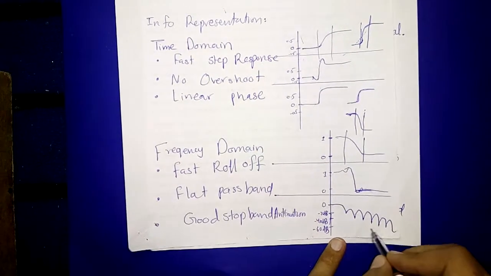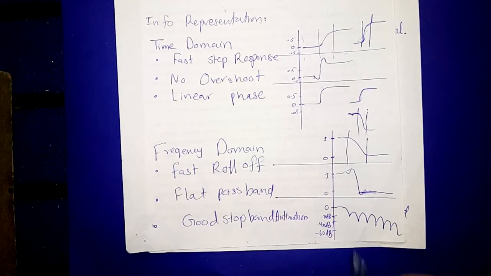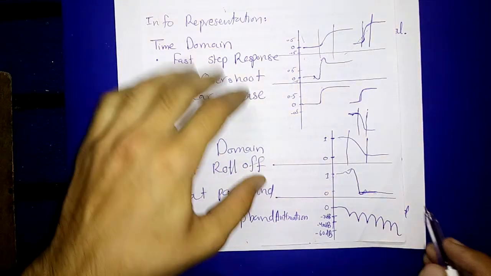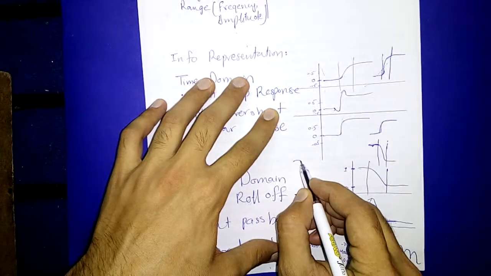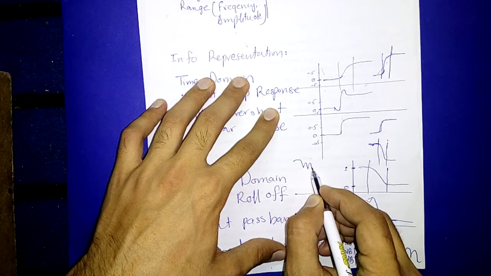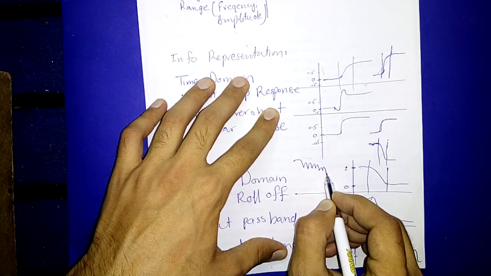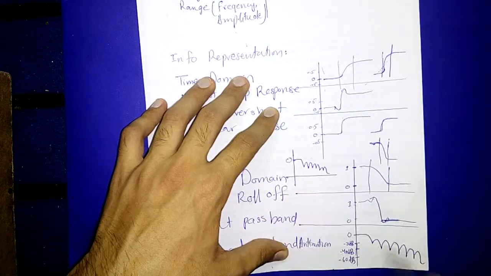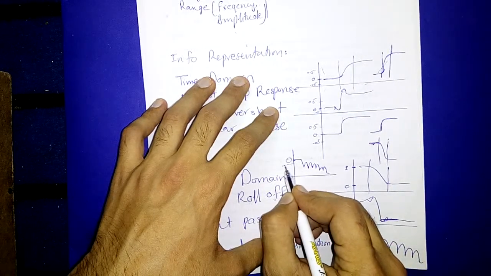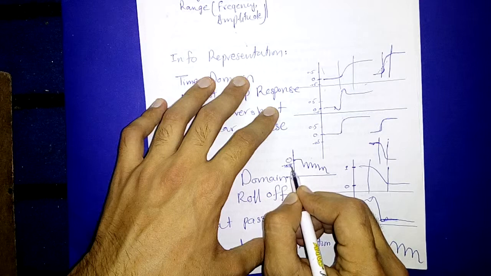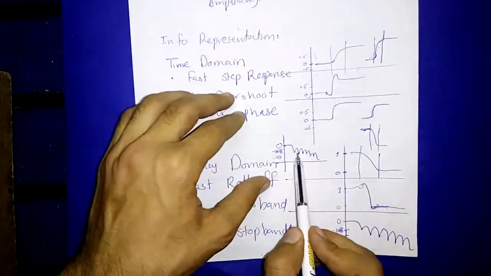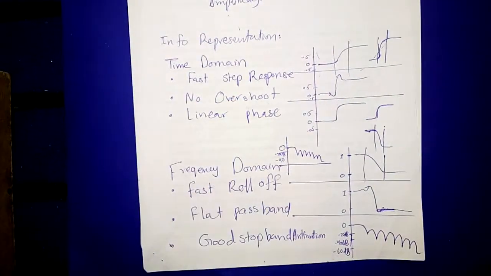It should be something like this, with very little attenuation. Here's 0, these are minus 20 dB and minus 40. So the difference between the attenuation should be very less.